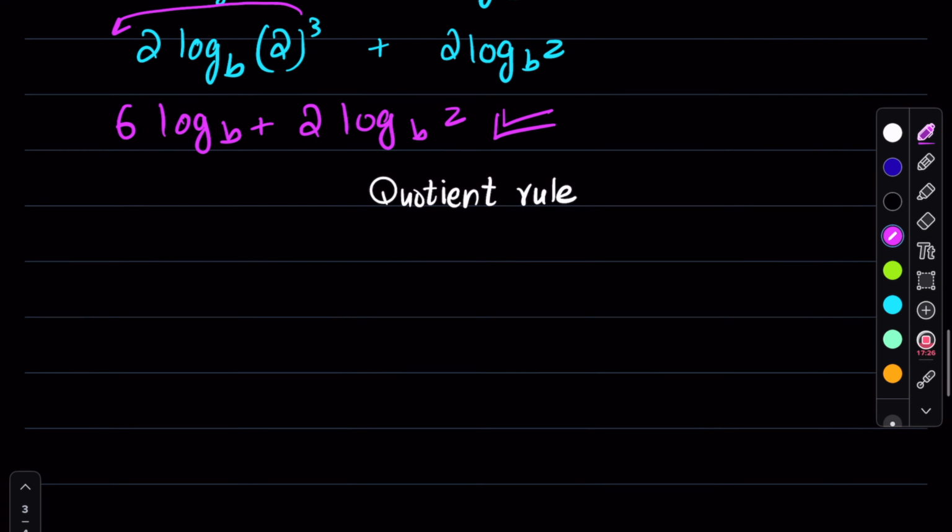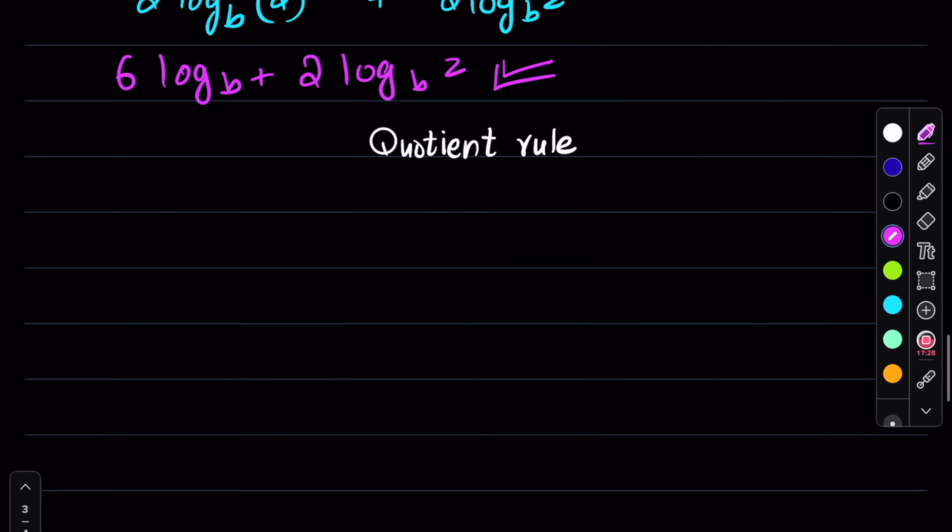Okay, so let's take a look at the quotient rule. What does it mean when I say quotient rule?